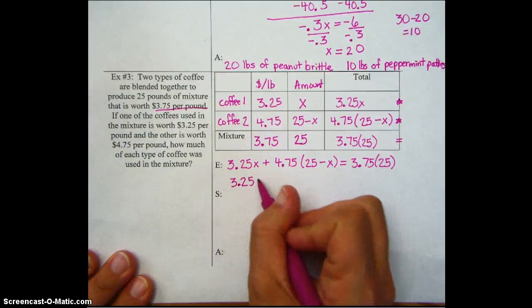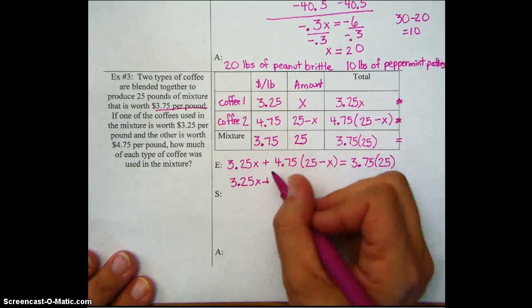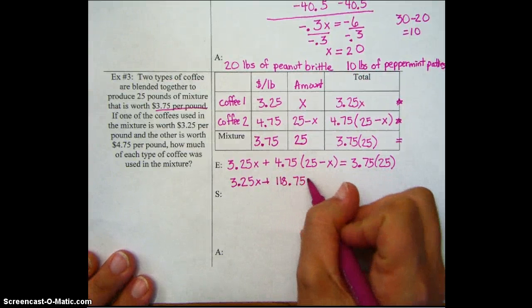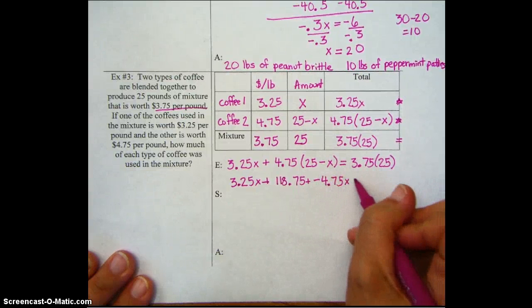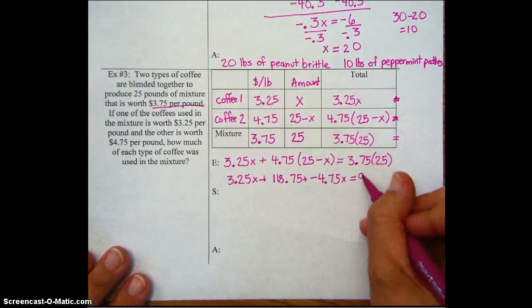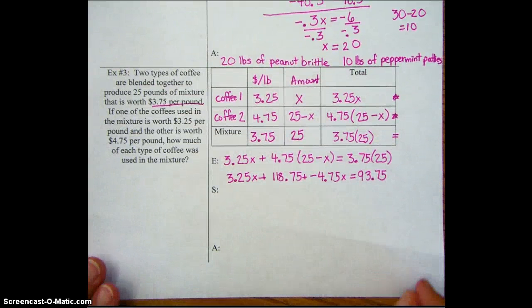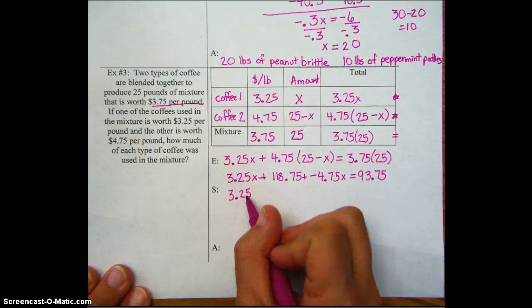Distributing, if we multiply 4.75 multiplied by 25, this is going to give us 118.75 plus a negative 4.75x. When we multiply 3.75 by 25, we're going to get 93.75. Again, I would rewrite the problem so that the like terms are together.